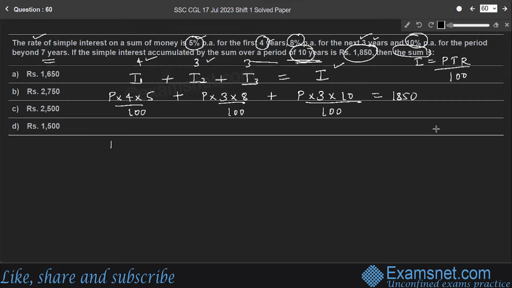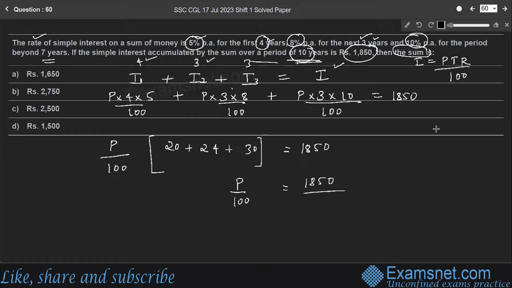So let us consider principal by 100 as common, and the remaining terms are 20 plus 3 into 8, 24 plus 3 into 10, 30, is equal to 1,850. Therefore, principal by 100 is equal to 1850 divided by this value. So 20 plus 24, 44 plus 30, 74.